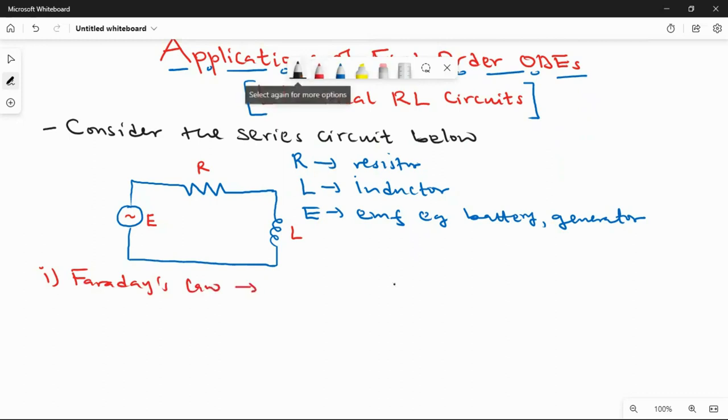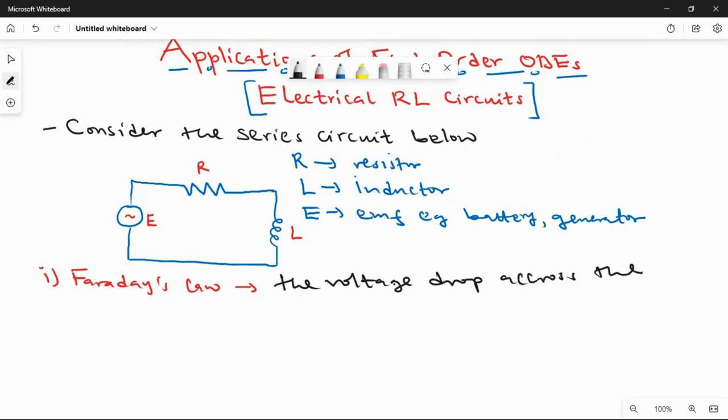It simply states that the voltage drop across the inductor is given by L times di dt.